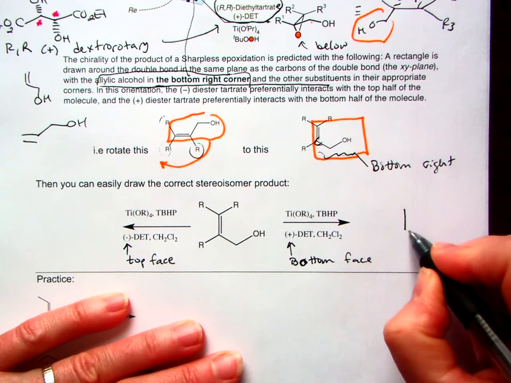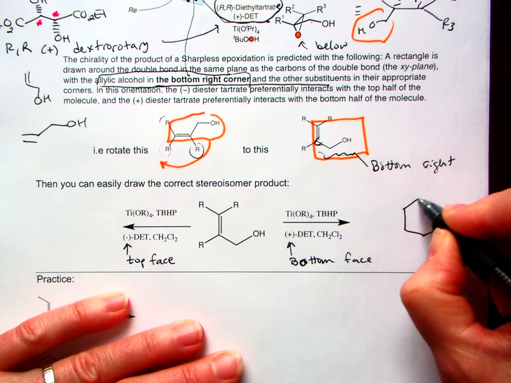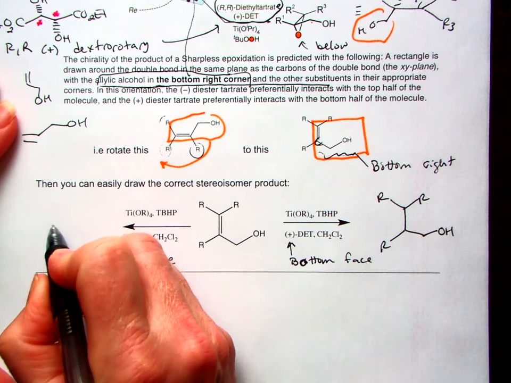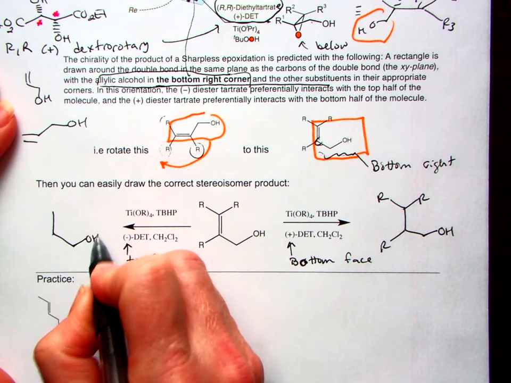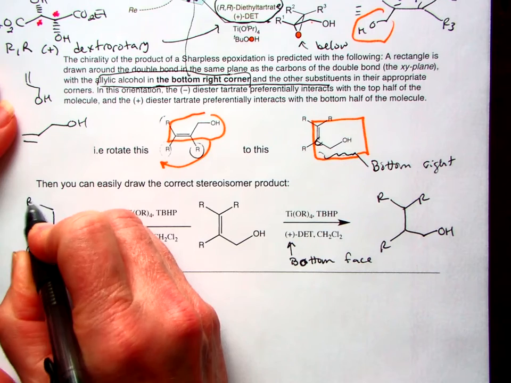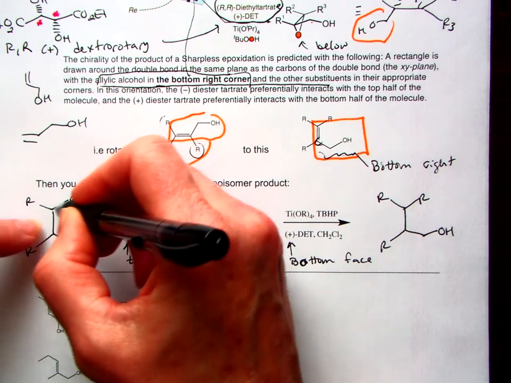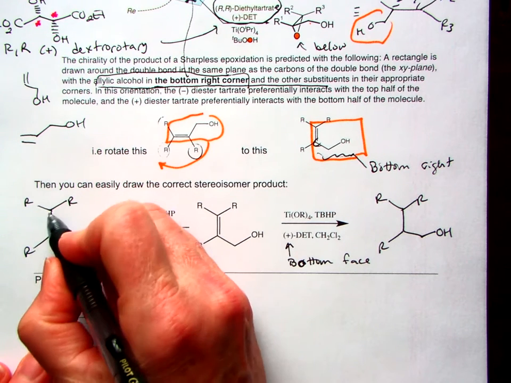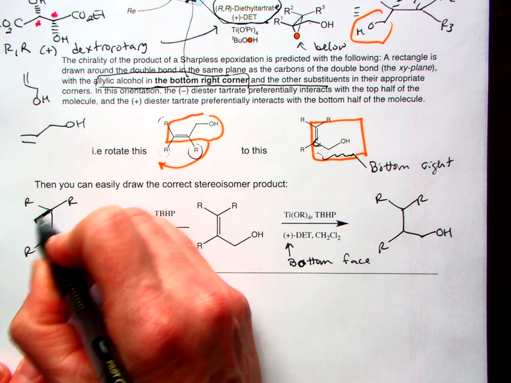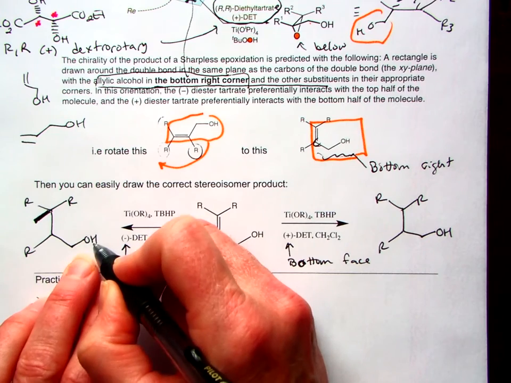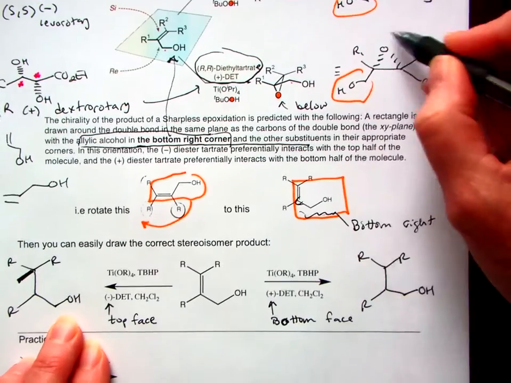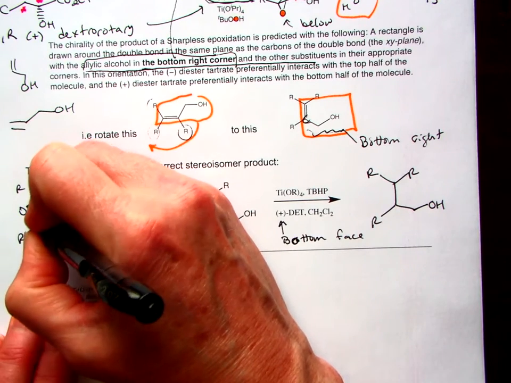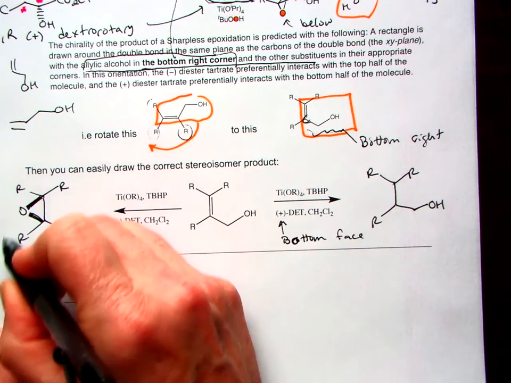So then if you draw, again, these R's, it's more exciting if the R's are different things. If you draw your carbon framework out, if all these R's are methyl, you're not even going to get a chiral center here, although you'll still get one here. If you draw them all out, and then draw coming off in this direction, away from the OH of the alcohol, coming on the top face, there's your epoxide, your top O right there.